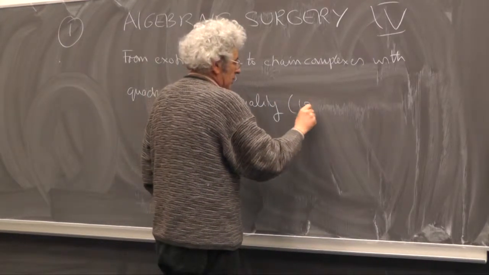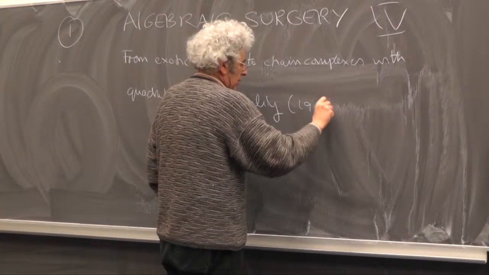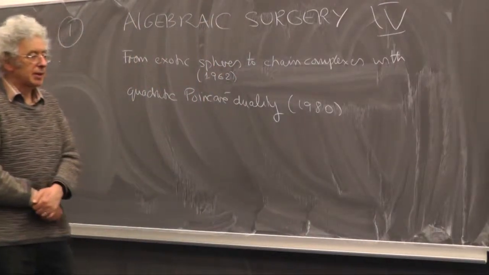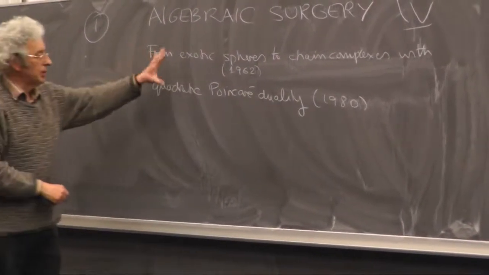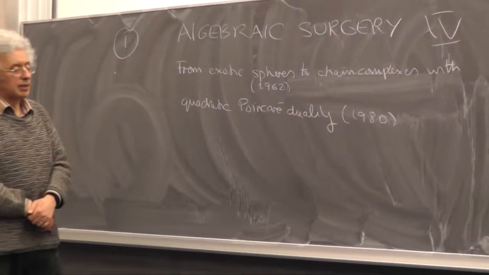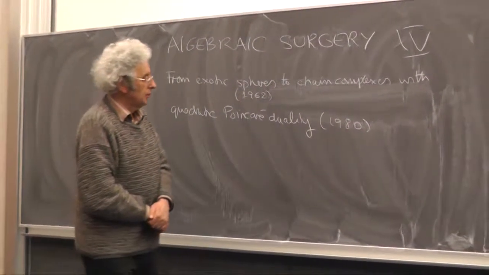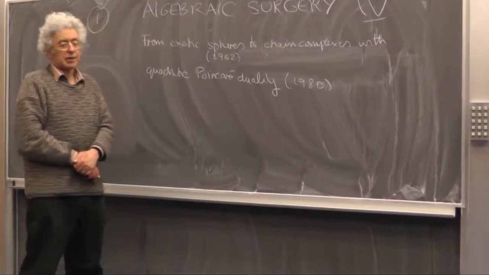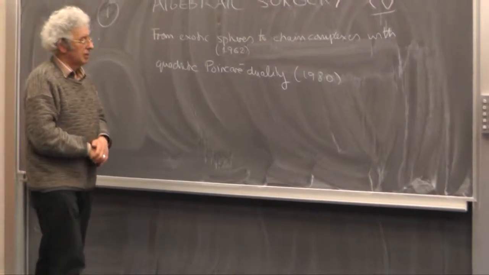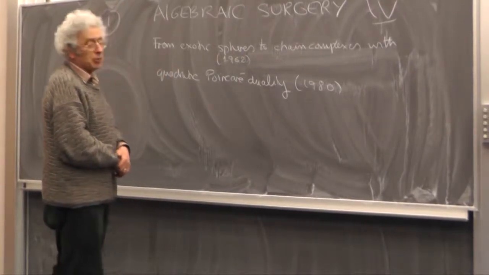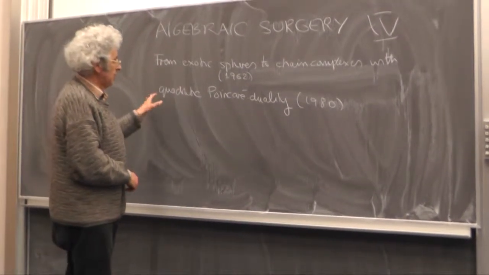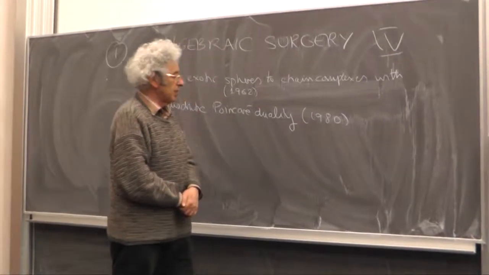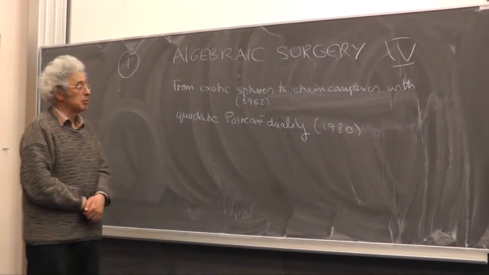This was, well, 1980. So there's a 20 year gap. It started, of course, with Kervaire and Milnor, and in between there was this great development of surgery theory due to Browder, Novikov, Sullivan, and Wall, and then in 1970 was the high point with Wall's book, and then about 10 years afterwards I spent some time trying to arrange it all using chain complex duality.